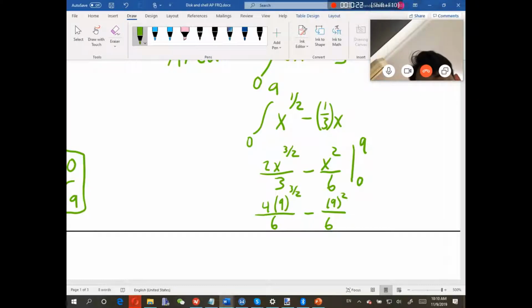What happens if I subtract my lower bound? Yep. What would my lower bound part be? Zero. Okay.